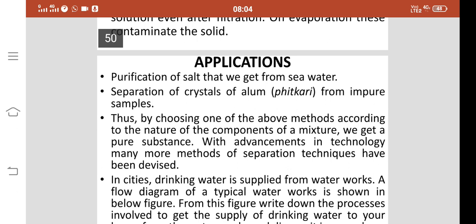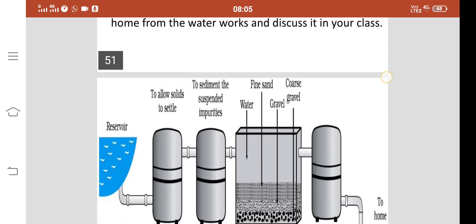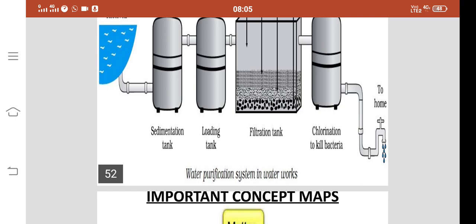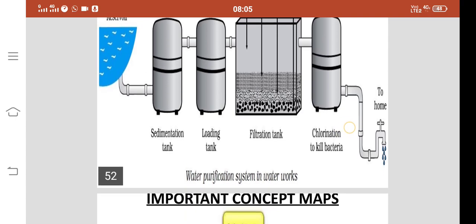A flow diagram of a typical waterworks is shown in the below figure. From this figure, write down the processes involved to get the supply of drinking water to your home from the waterworks and discuss it in your class. So you can see the water purification system in waterworks. This slide is showing that.